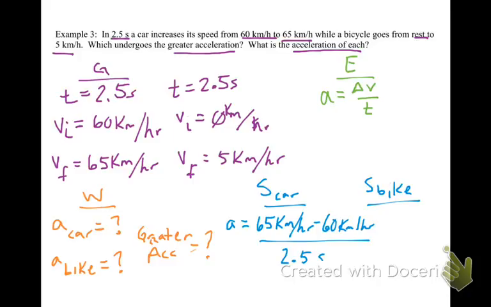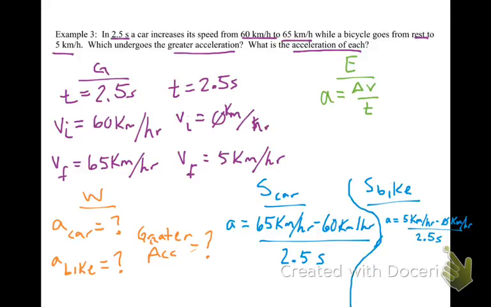For the bike, our acceleration is final, so 5 kilometers per hour minus 0 kilometers per hour, over 2.5 seconds.